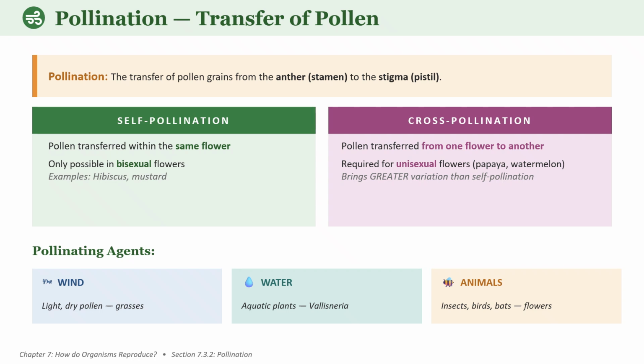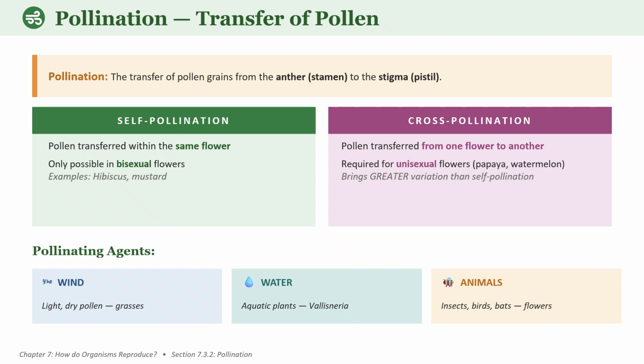So what happens in self-pollination? Transfer of pollen within the same flower or same plant, we call that phenomenon self-pollination. What are its advantages? Less pollen wastage and also assured reproduction. Examples are hibiscus and mustard. What happens in cross-pollination?